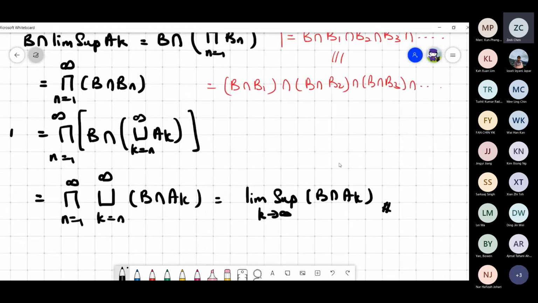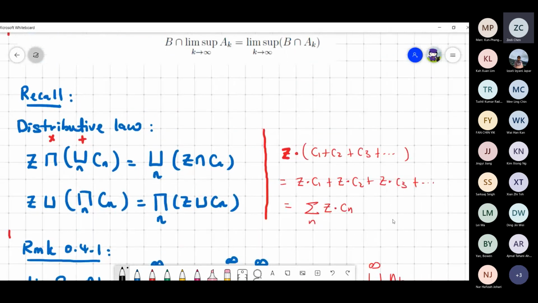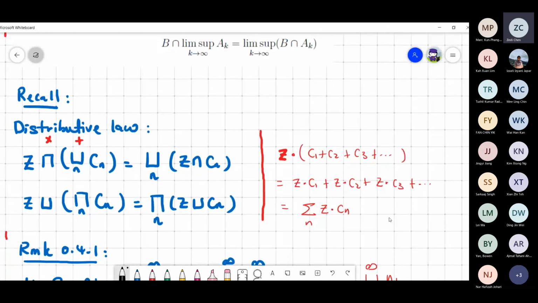So this is actually not so difficult. What you need to do is, first of all, recall these two formulas. You may treat intersection as products and union as summations, so you have a similar pattern.